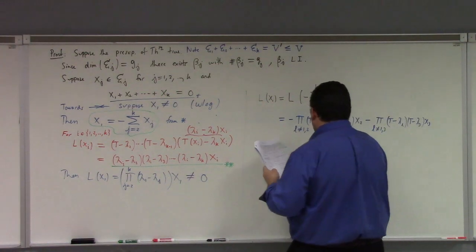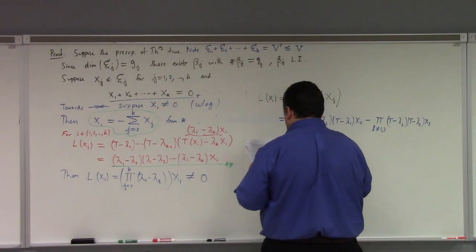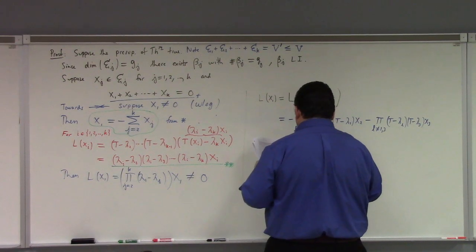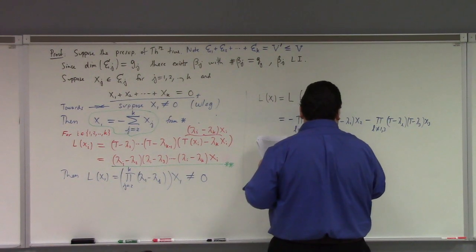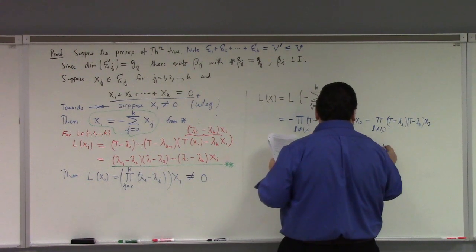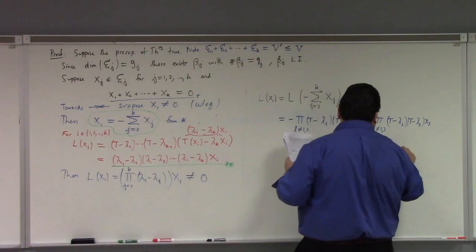All right, and then so forth and so on. Finally, we have the product l not equal to 1 or k, and we've got T minus lambda l times T minus lambda k acting on xk.